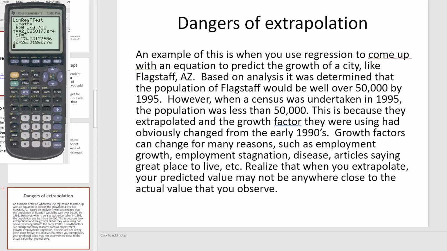This is because they extrapolated and the growth factor they were using had obviously changed from the early 1990s. And growth factors can change for many reasons. Things like employment growth, employment stagnation, disease, articles stating that this place is a great place to live, or maybe like an awful place to live, etc. Realize that when you extrapolate, your predicted value may not be anywhere close to the actual value that you observe.